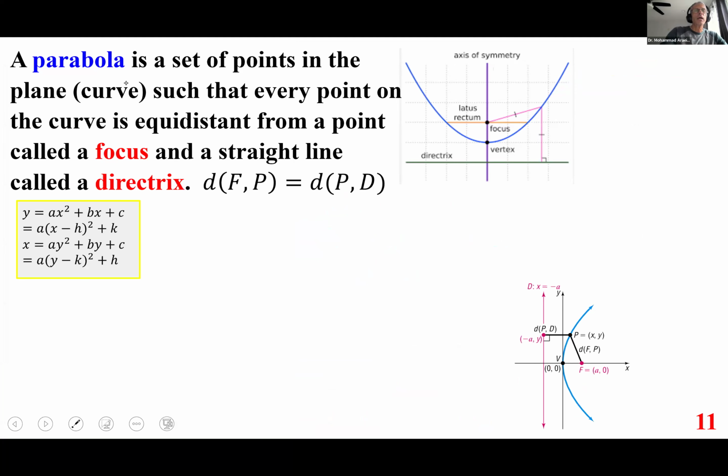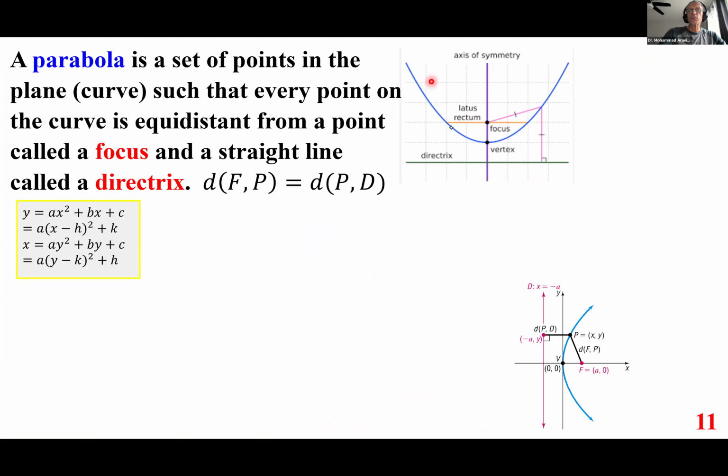What's a parabola? A parabola is a set of points in the plane, or a curve, such that every point on the curve is equidistant from a point called a focus and a straight line called the directrix.